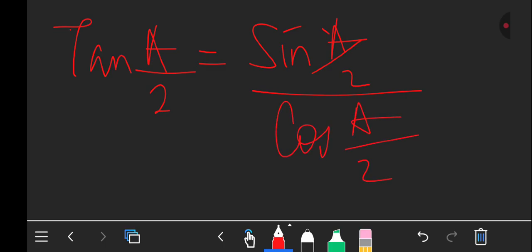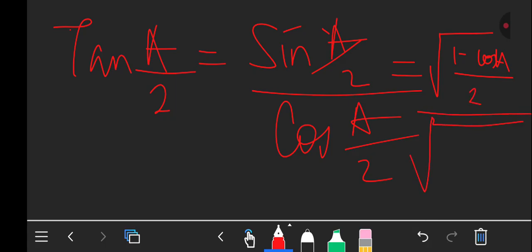Now what was the half angle for sine? The half angle for sine was square root of 1 minus cos a over 2. The half angle for cos was square root of 1 plus cos a over 2.